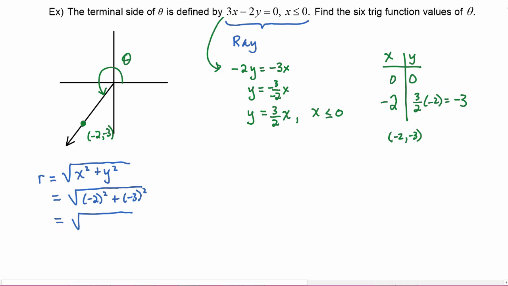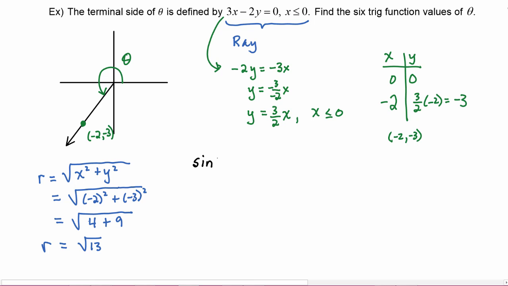So we have the square root of 4 plus 9, which is radical 13. So we know r is going to be the square root of 13. So we have x, we have y, and we have r, so we're ready to find all 6 trig function values of theta.